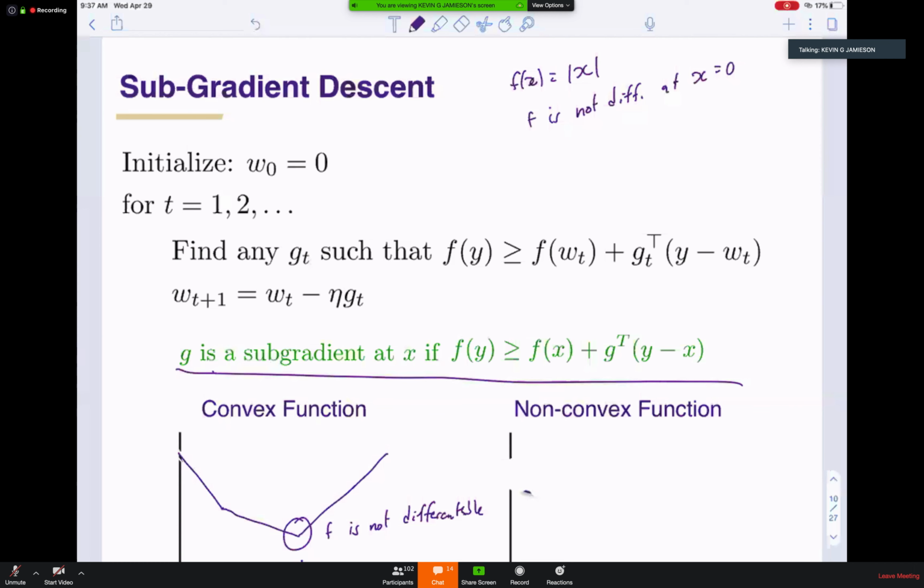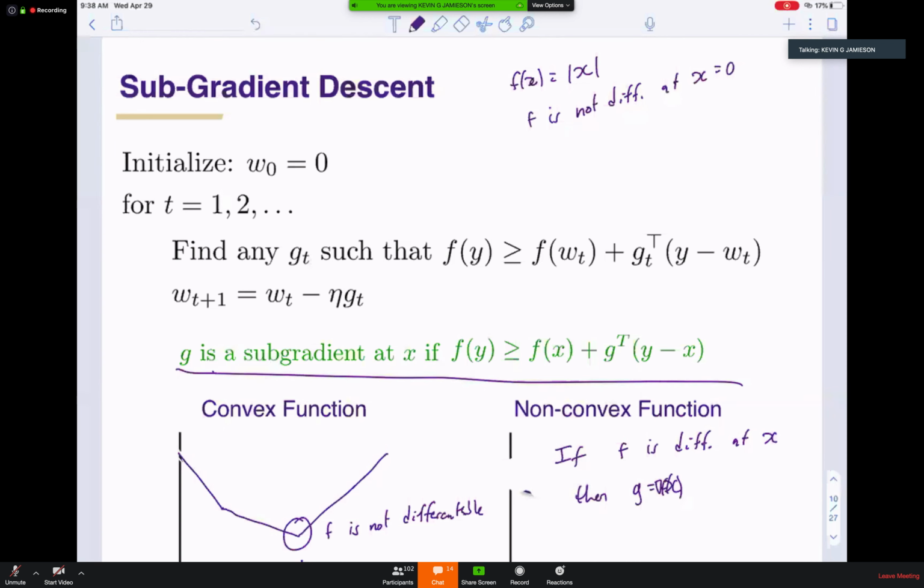If f is differentiable at x, then g is equal to grad f of x. But when f is not differentiable at x, you can find other choices.